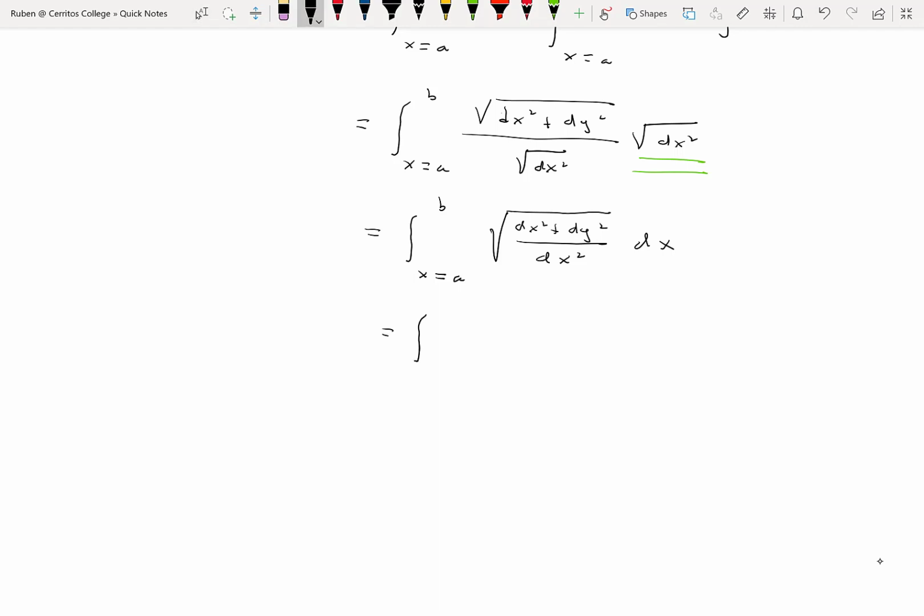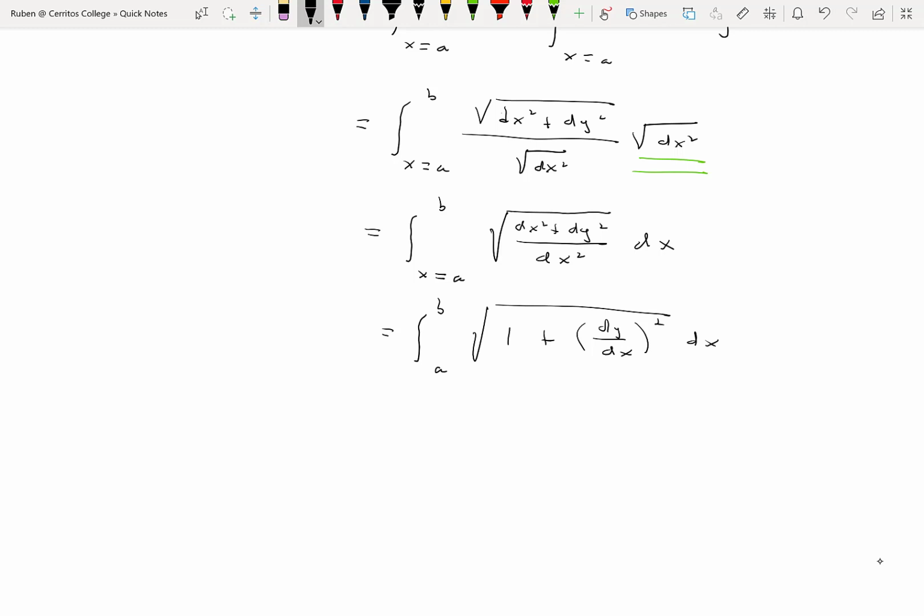So we no longer have to write in the limits of integration x equals a. It's just a to b. Since we're integrating with respect to x, the dx indicates that the limits of integration are x limits. And I'm going to simplify the integrand. I'm going to separate into two fractions, dx squared over dx squared, which is 1, plus dy over dx, quantity squared, dx. That was pretty slick.